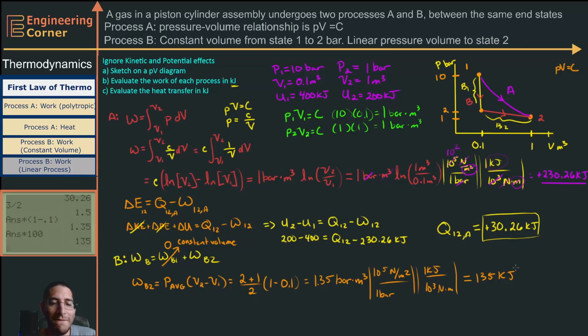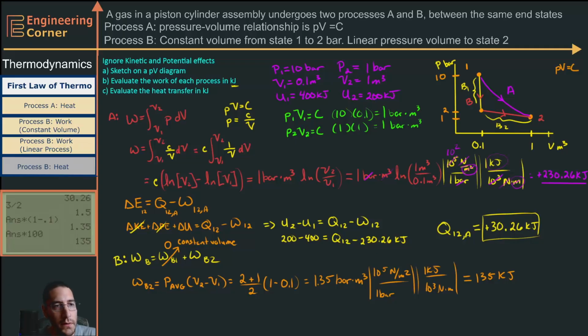Okay? And finally, we now just need to find the heat from process B, the heat transfer. So just like process A, we start with our change in energy is equal to Q minus W. Again, we can ignore the potential and kinetic effects just like we do right here.